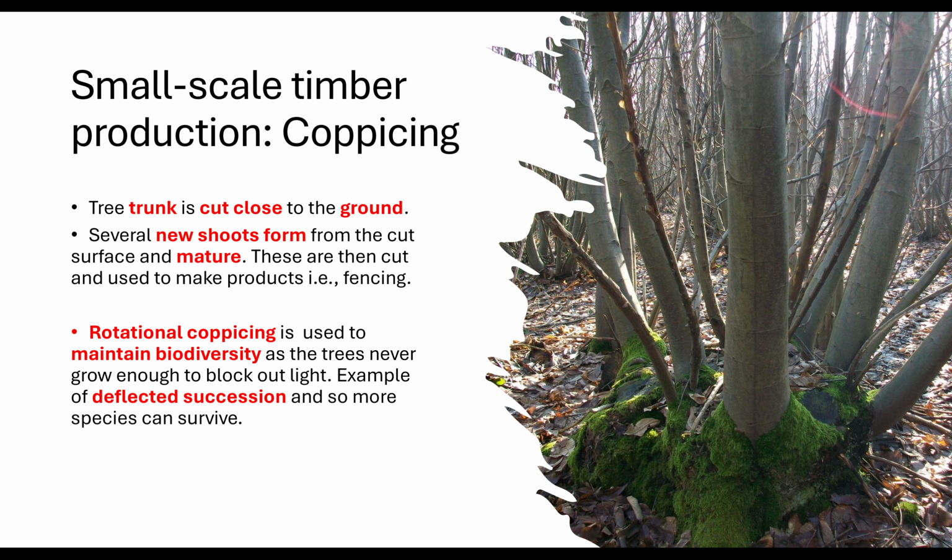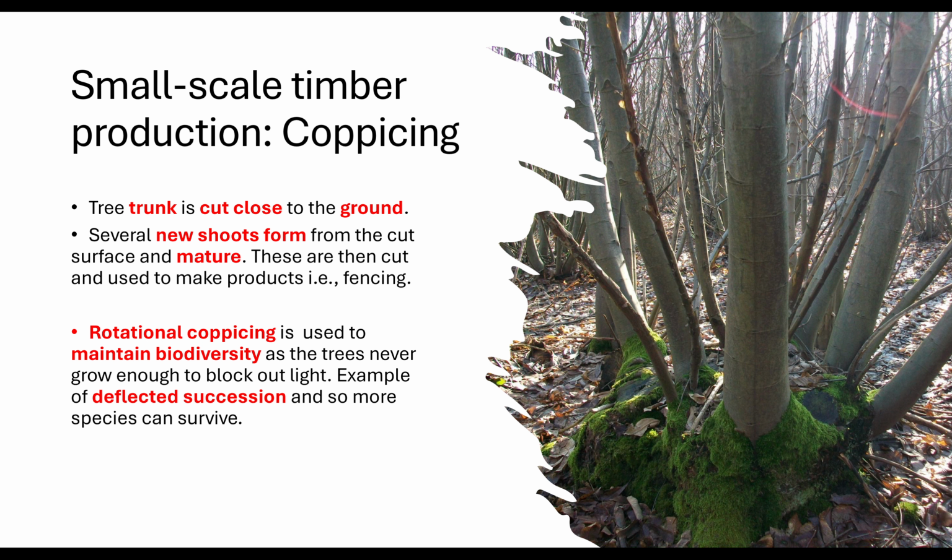So this takes us back to the point where we talk about succession and reaching that climax community. So if we're not allowing the natural process of succession to occur, we are therefore deflecting that succession. We actually increase the biodiversity by doing this process.